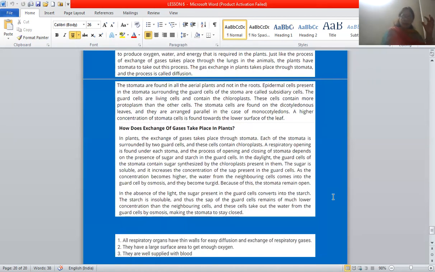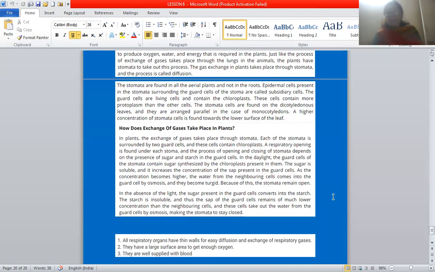Oxygen from the air diffuses through the lenticels and reaches the inner cells of the stems for respiration. Similarly, CO2 produced as a result of respiration diffuses out through the lenticels into the air. So this is how respiration takes place in roots, in leaves, and in stems of the plant.